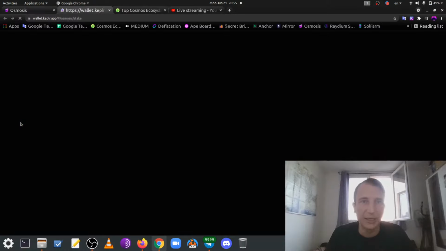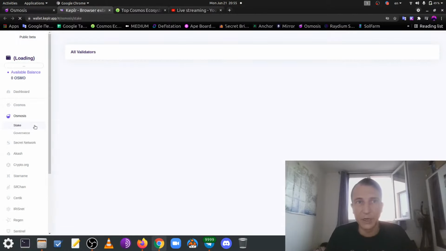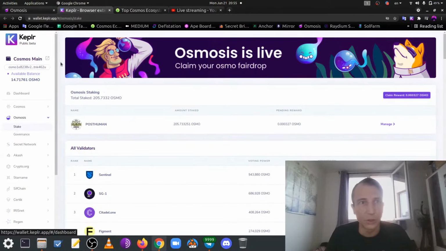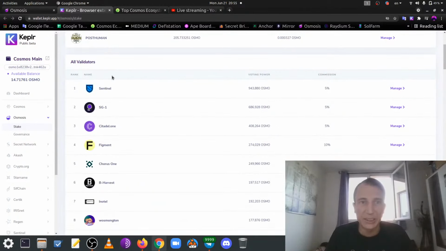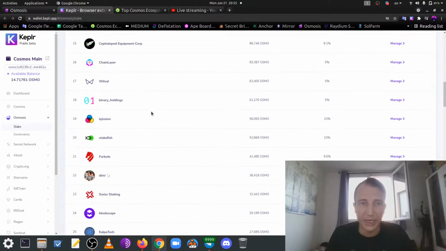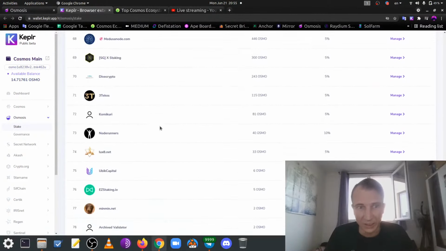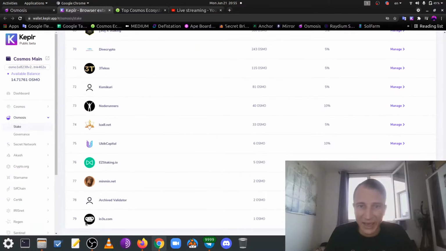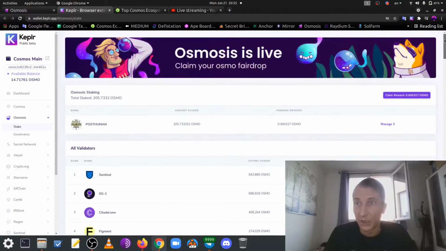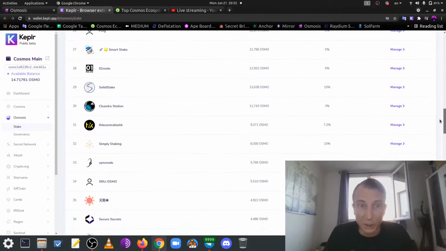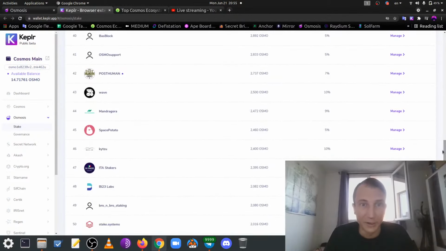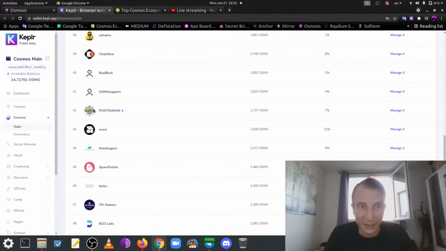You just click stake. When you click stake, it moves you to the Keplr dashboard, and you see the list of all validators of Osmosis. This is a big list, 79 different validators. And you know, I'm the validator Post-Human, and I'm in 42nd place.